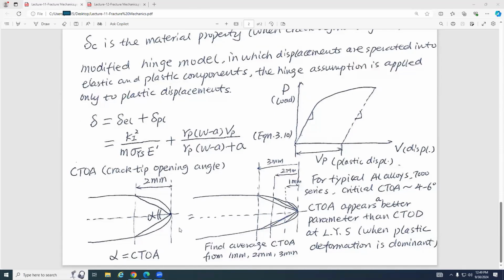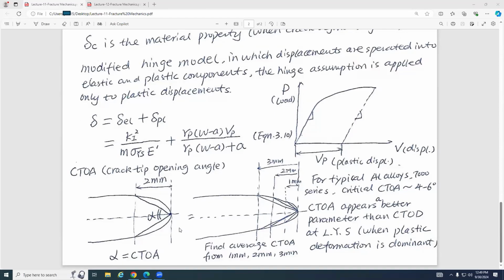You can see the first vertical line is 1 millimeter away from the vertical line that passes through the current crack tip. So this is one line. For this one line, I have 2 points. For these 2 points, I have 2 lines. So I can get this alpha. This is alpha for 1 millimeter.